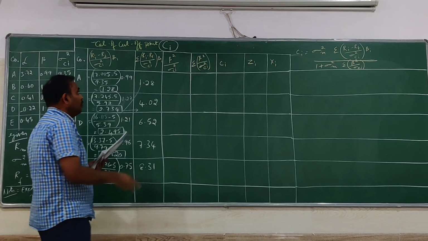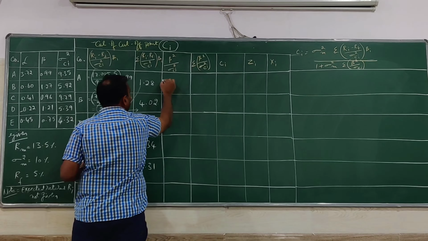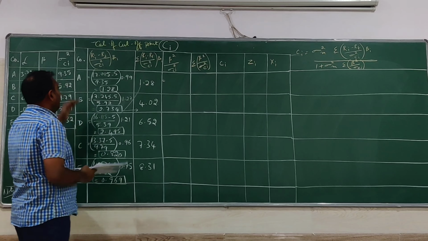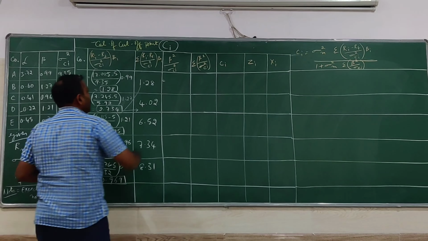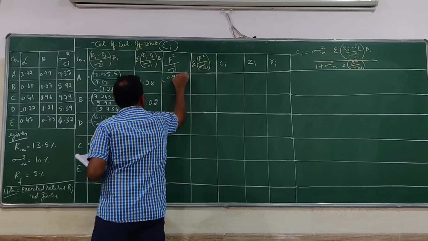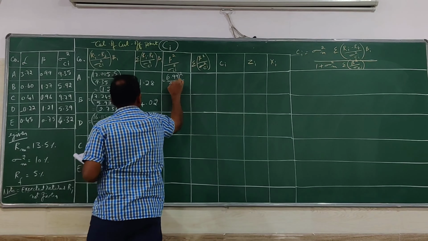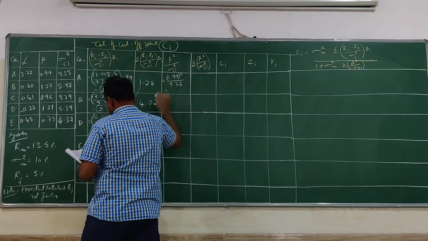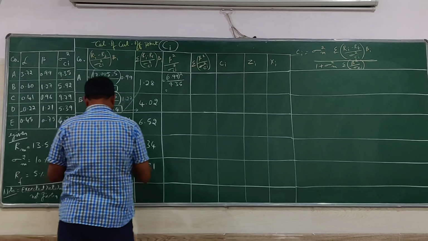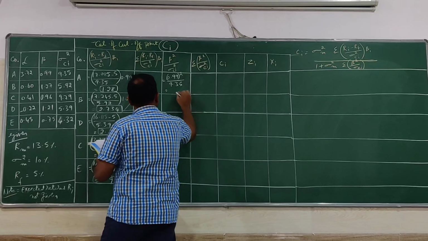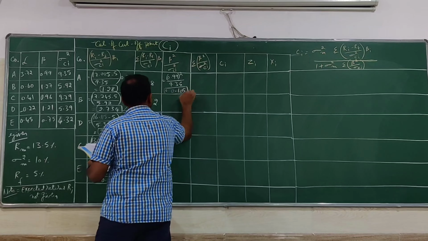Then we have to go for the fourth column, beta square divided by unsystematic. We have to find for each one of it carefully. Beta square is 0.99 square divided by unsystematic 9.35. So we have to calculate the values therein. We are going to get there 0.105 answer.